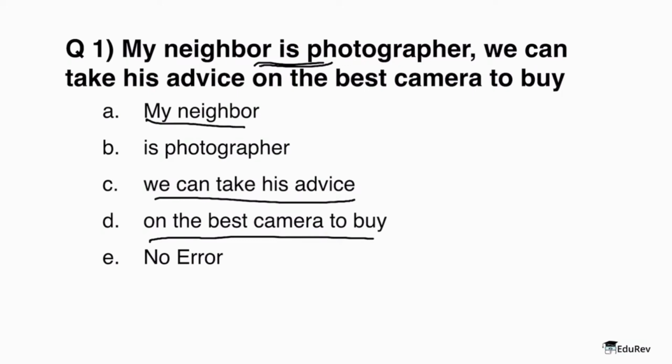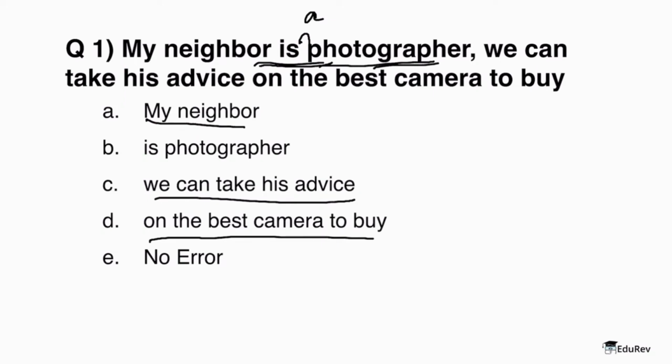So is photographer does seem kind of wrong. What should we add here? Is a photographer. So the correct sentence would be my neighbor is a photographer. We can take his advice on the best camera to buy. Now why we did this is because before any countable noun, a noun which you can express with a number and whose plural you can express with an s, it's like here we have photographer, so it's a countable noun.